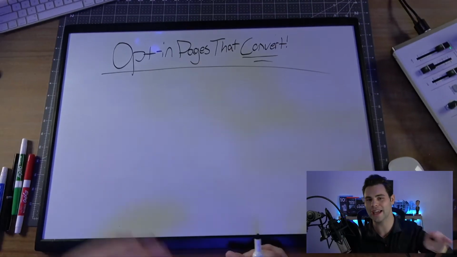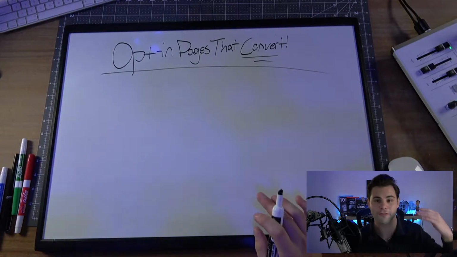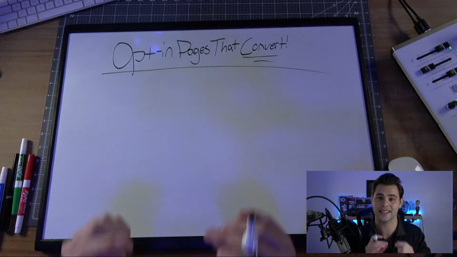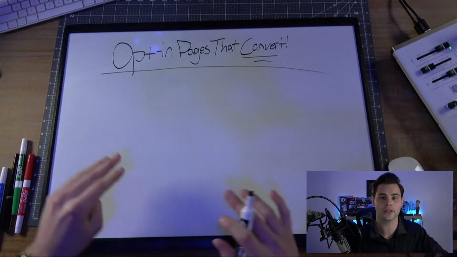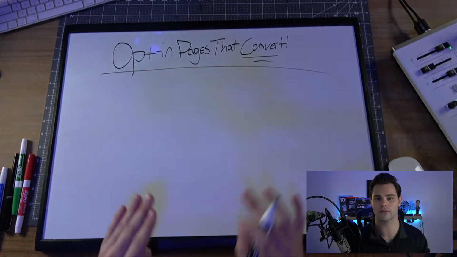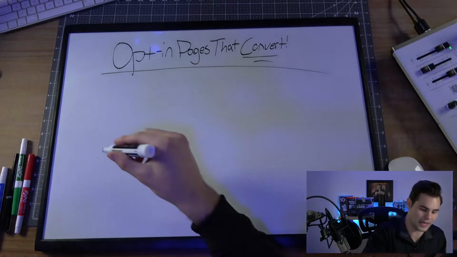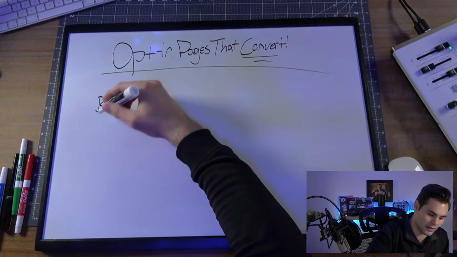Okay, so now that we got the credibility out of the way, and you actually believe me, the first thing I want to talk to you about before we dive into the 6 key elements of creating a high converting opt-in page is the most crucial part and the most overlooked part of any sort of landing page or opt-in page, and that is what I like to call the BS meter.